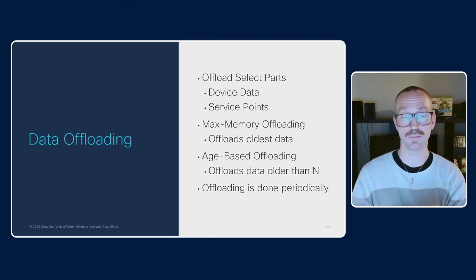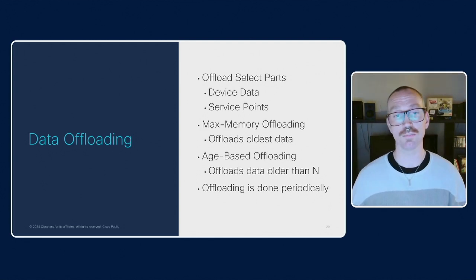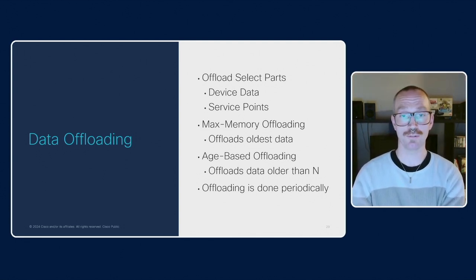So if you have a certain memory limit, it doesn't mean we will never go above that limit. It means NSO will check if we are above that limit at given intervals, and if we are, we will trigger the offloading. The default offloading interval is every 5 seconds, and the age-based offloading is disabled.